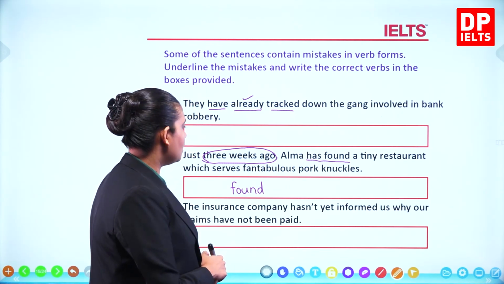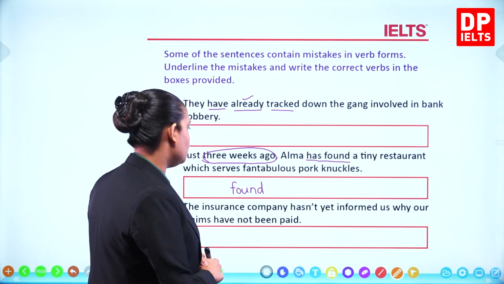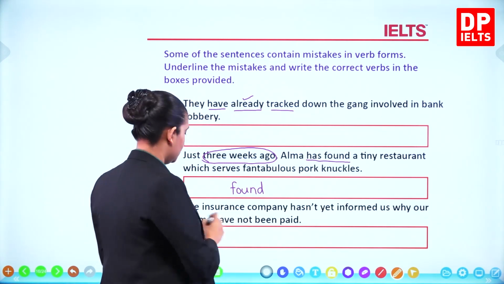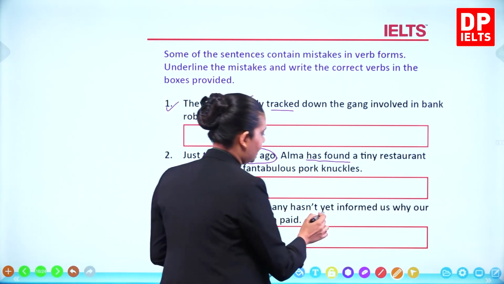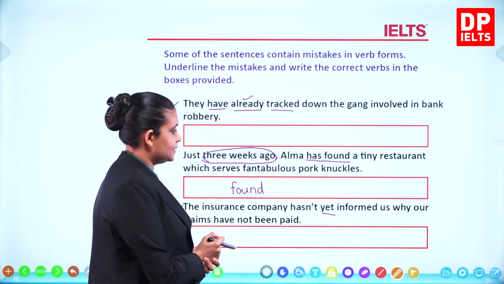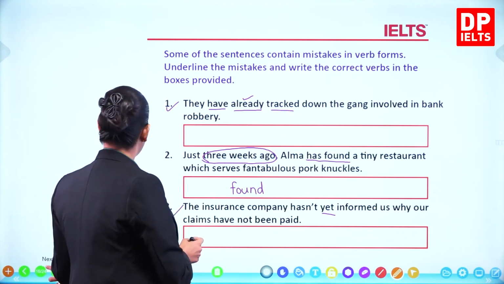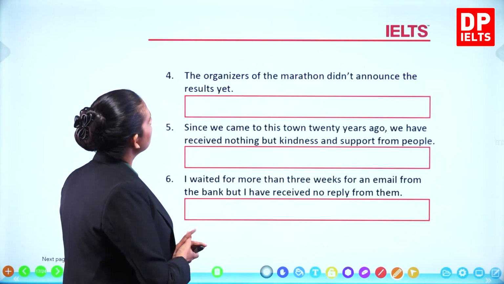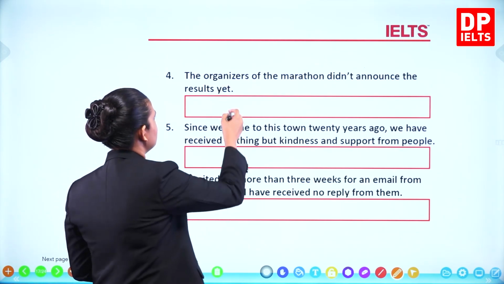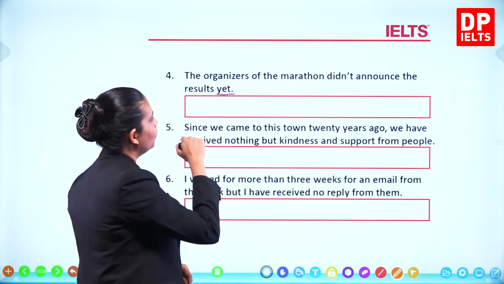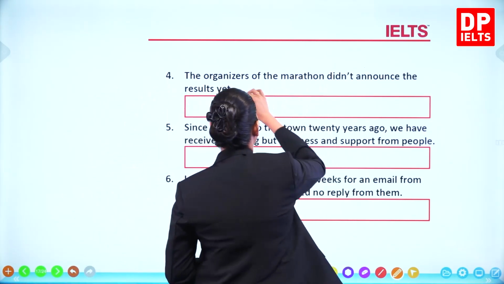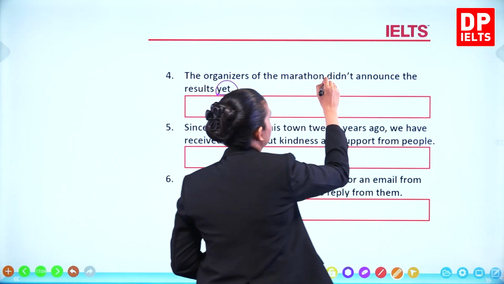The insurance company hasn't yet informed us why our claims have not been paid. So that is correct. Why yet is after the auxiliary verb and that is fine. Moving on, the organizers of the marathon didn't announce the result yet. So that is wrong. When you have yet, you cannot use it with the what?